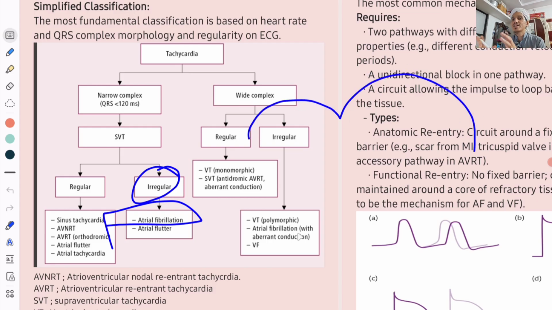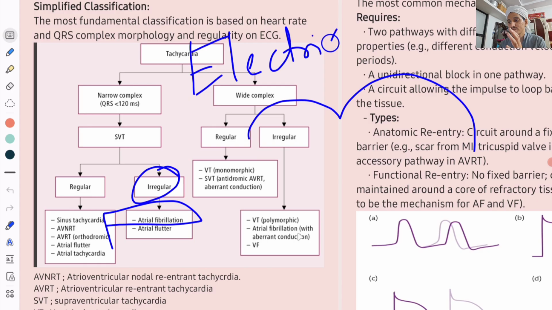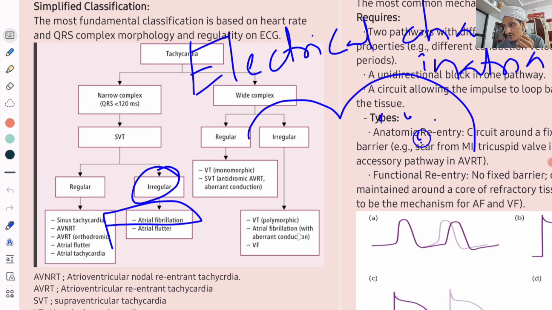Atrial fibrillation is nothing but electrical chaos in the atria, meaning the atria are not contracting, they are just shivering. Thousands of microcircuits will send impulses to the AV node, without coordination between them.